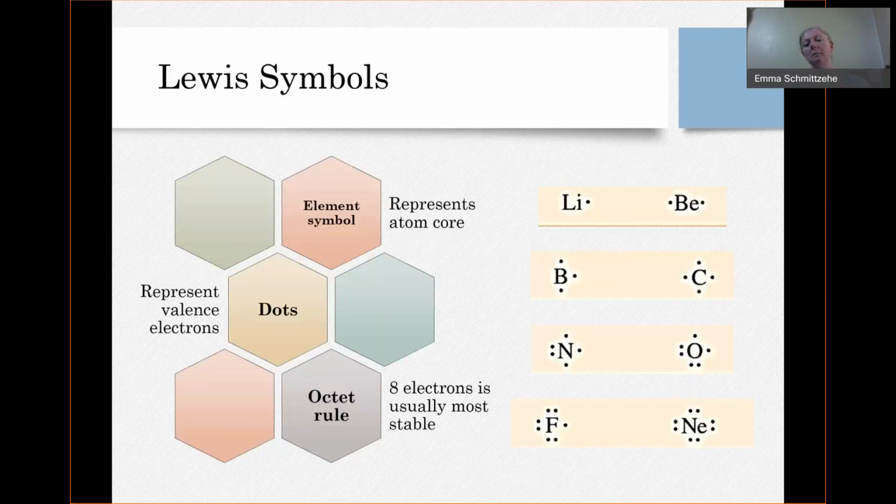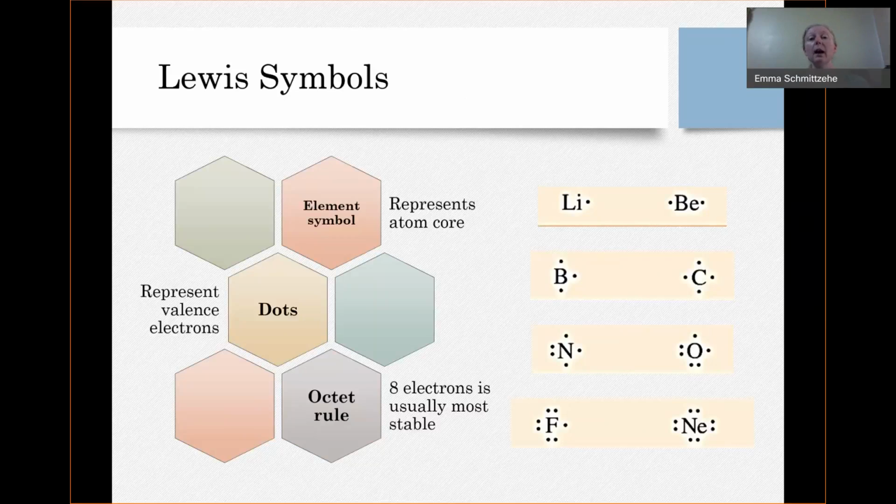When you're drawing a Lewis symbol, you put the element symbol down, and then you put dots around it to represent the valence electrons. You should think of the element symbol as having 4 sides: a left, a right, a top, and a bottom.